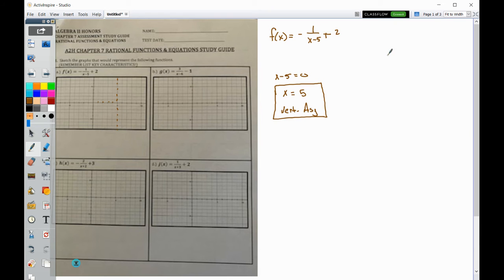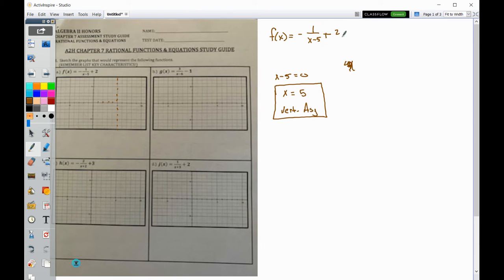Next, we want to see if there is a horizontal asymptote. So we look at the degree of the numerator and the denominator. The degree of the numerator would be 0. The degree of the denominator would be 1, because it's x to the first power. Since the degree of the numerator is smaller than the degree of the denominator, it would normally mean that it's just 0.